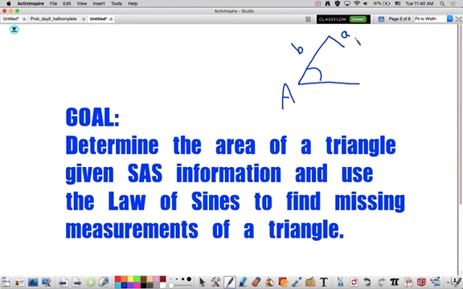Or it's possible that you have a triangle like this or a triangle like that, so you could have 2 triangles. That's what's going to make today a little more complicated than usual, because we have separate cases.